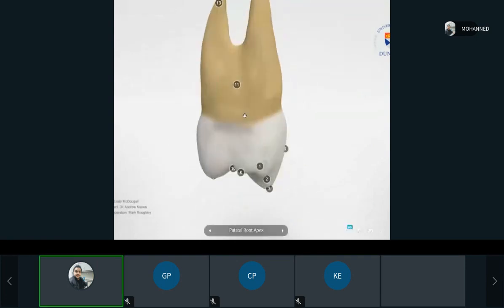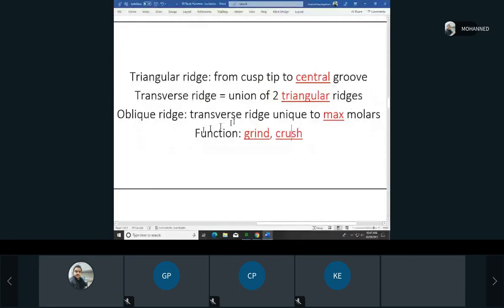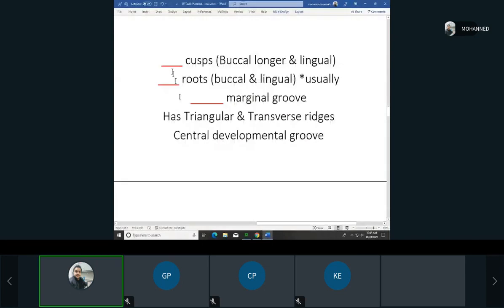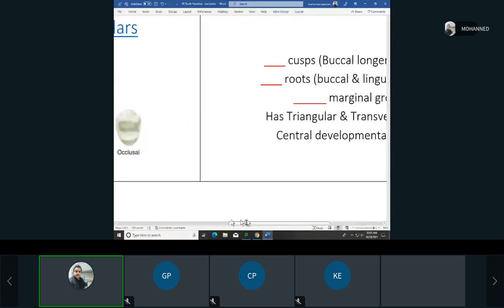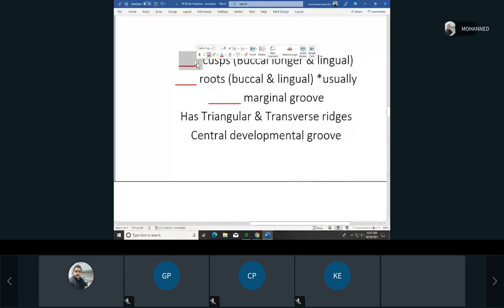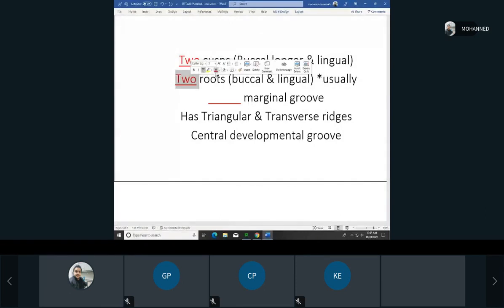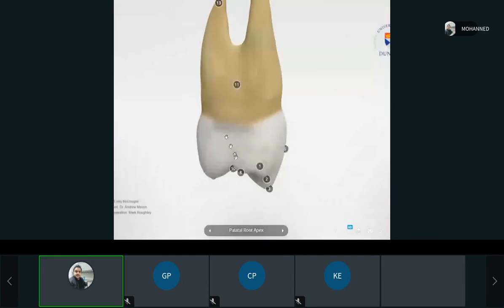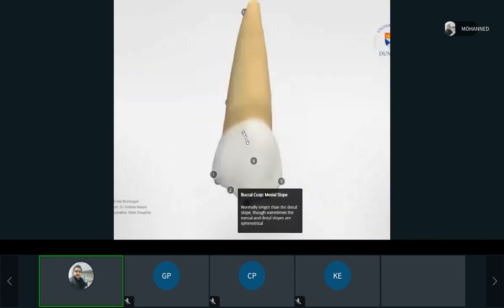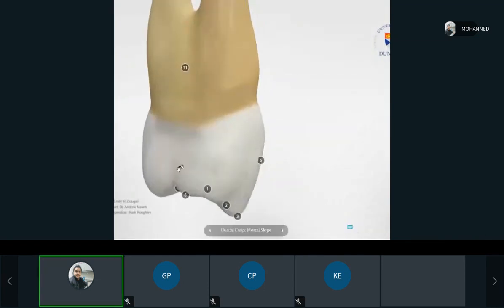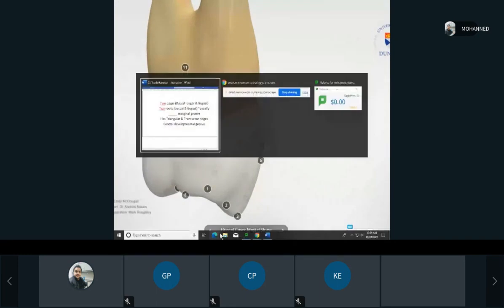I think all good. Let's fill this up. So how many cusps does it have? We said two. How many roots? Two usually. And it has a mesial groove, right? That's the mesial groove that we were talking about. The mesial marginal groove here.